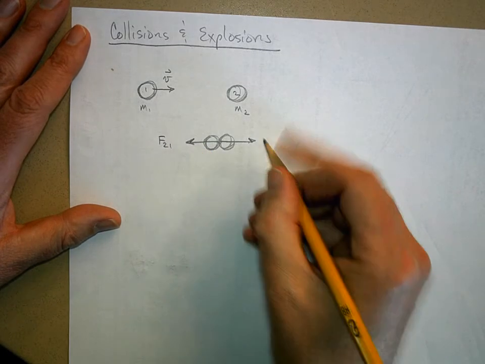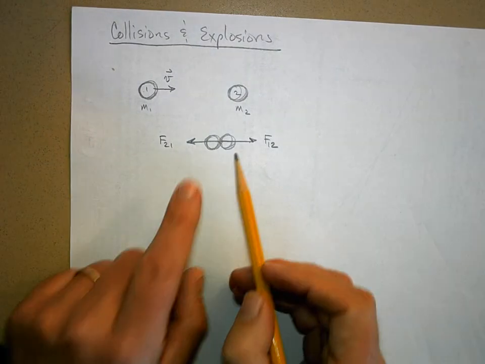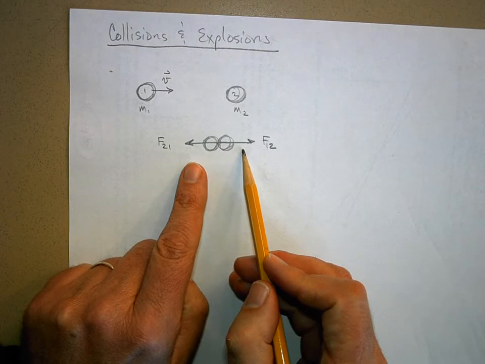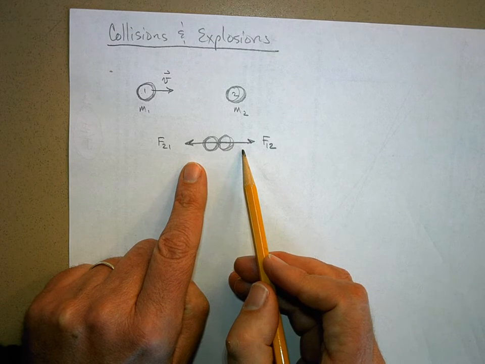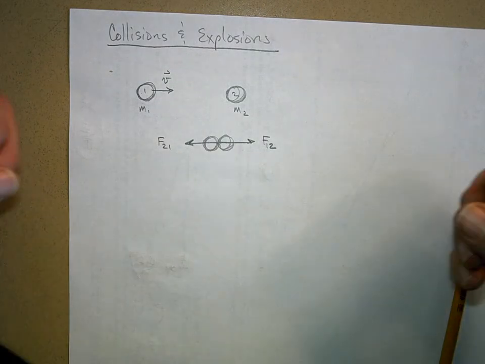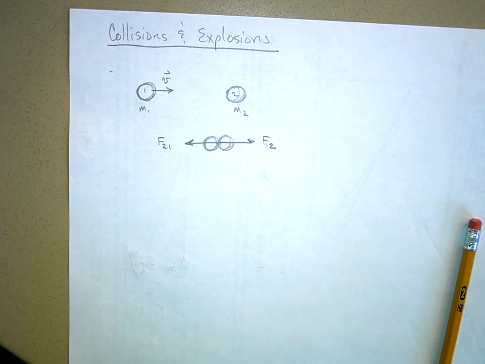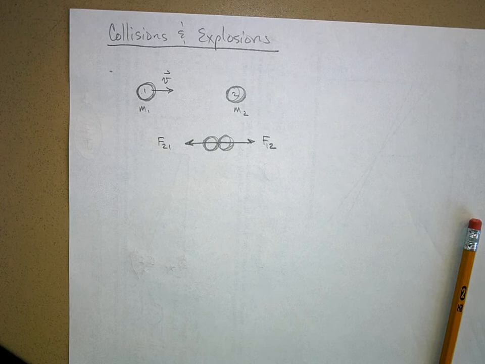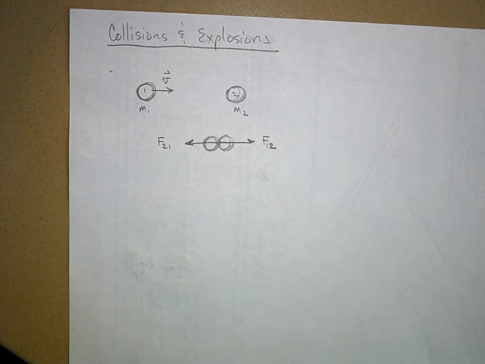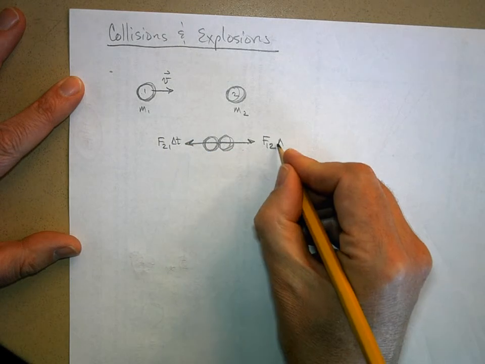This is the force of object 1 on object 2. And what's true about those forces? They are equal and opposite. And of course, remember the famous Newton's third law. Those forces are applied for exactly the same amount of time. Makes sense?